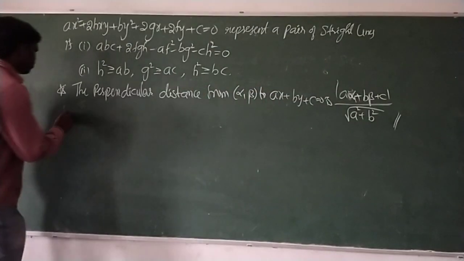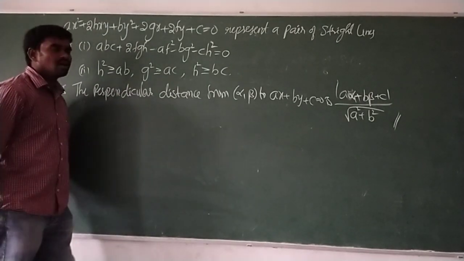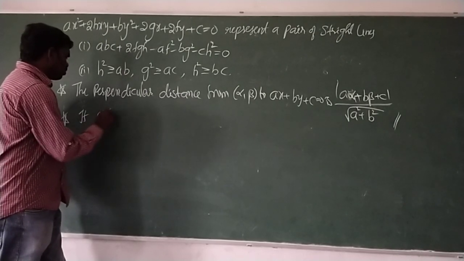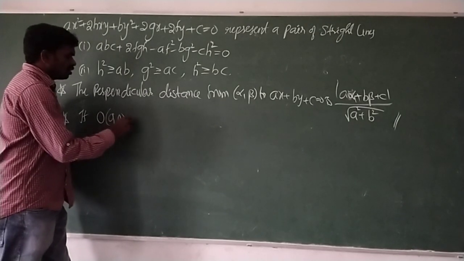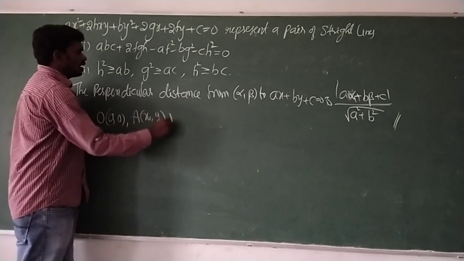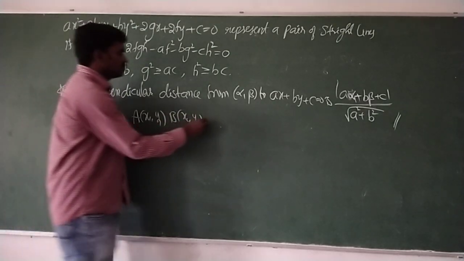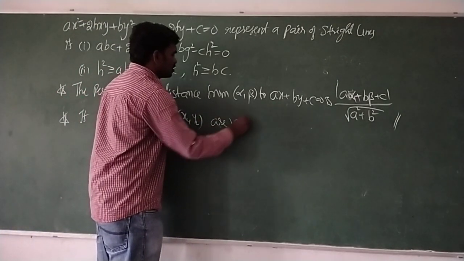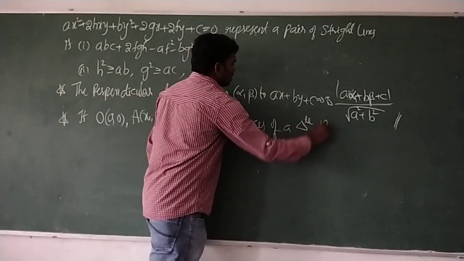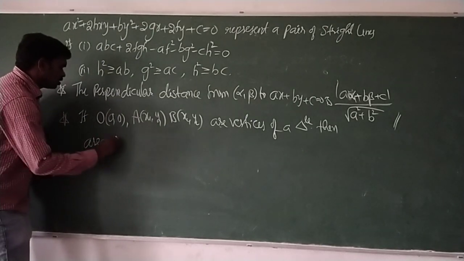And one more last formula, because we use it in the problems of this chapter. If O is the origin (0,0), and (x1, y1) and (x2, y2) are the vertices of a triangle, then what is the area of the triangle?